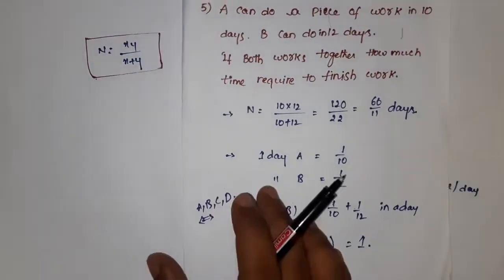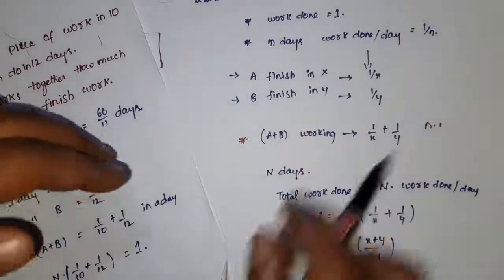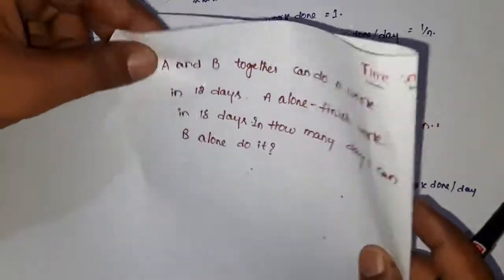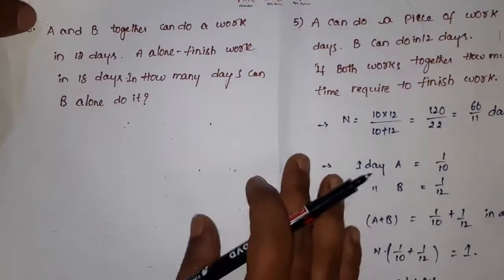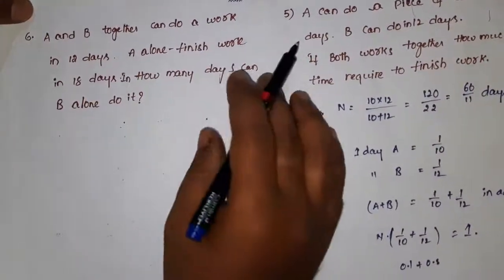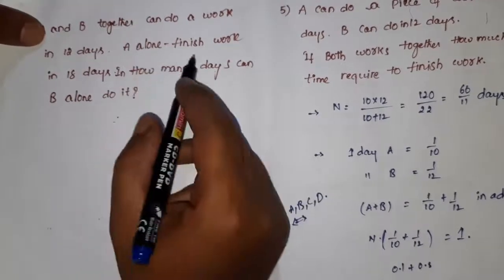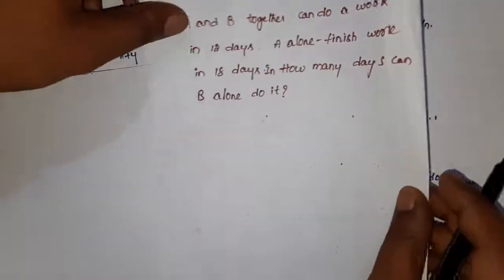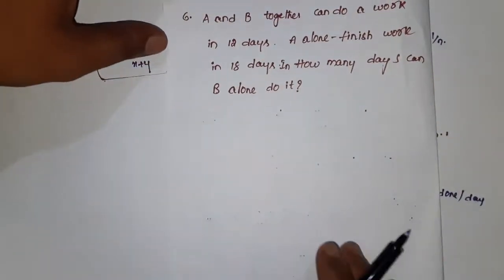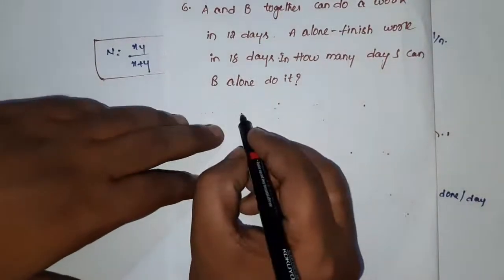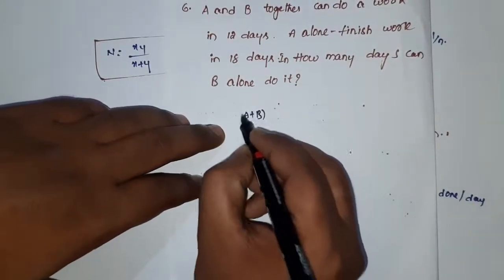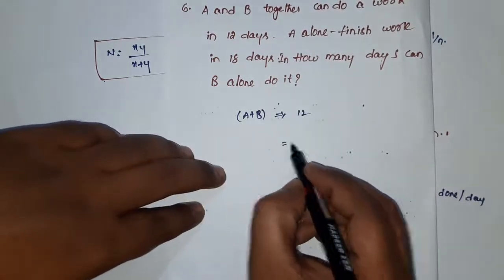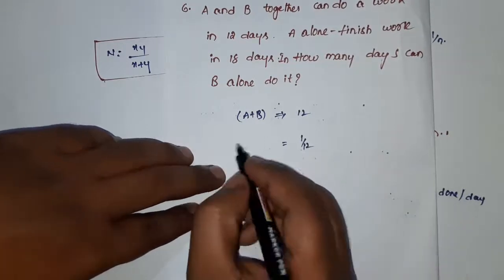And one more question based on this derivation and explanation. A and B together can do a work in 12 days. A alone can finish the work in 18 days. What will be the time taken by B when working alone? They can finish the total work in 12 days, so the amount of work done per day is 1 by 12 when they are working together.